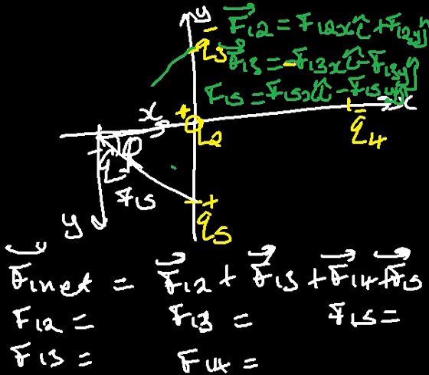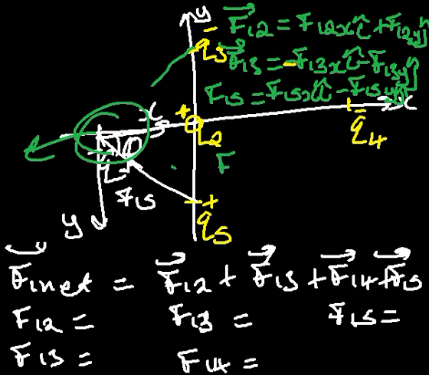And likewise, we'll also do the same with F14. So F14, it is between charge 1 and charge 4. And the charges are like charges, so the force will go towards this direction. That will be negative, towards the negative direction.